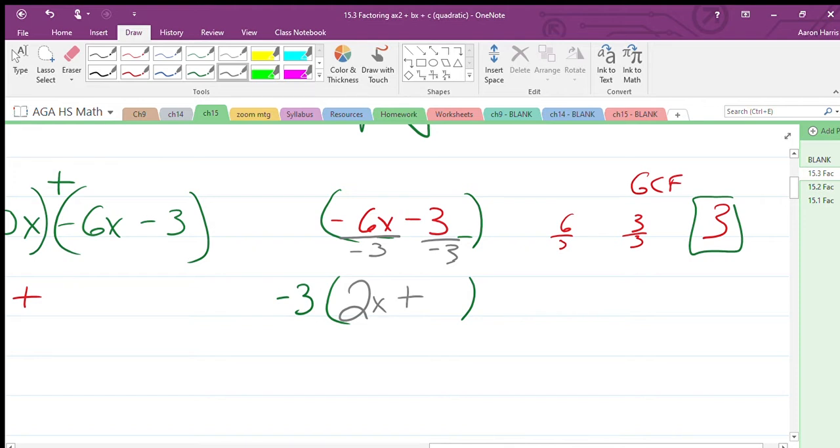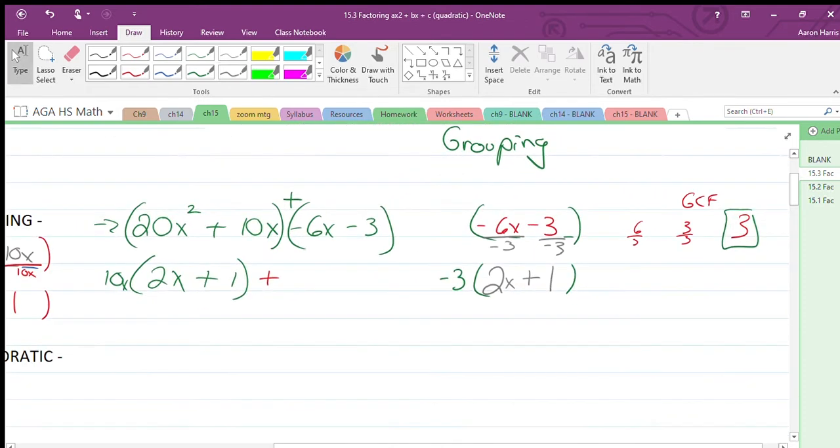So 3 divided by 3 is what? 1. Now write it just how you see it. Negative 3, 2x plus 1. Now, I know you're sitting there going, hey, what is this plus minus stuff? Well, a positive 1 times negative 3 is really what? Negative 3. Okay? So don't be confused by that.